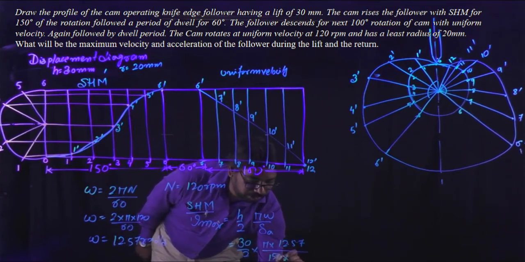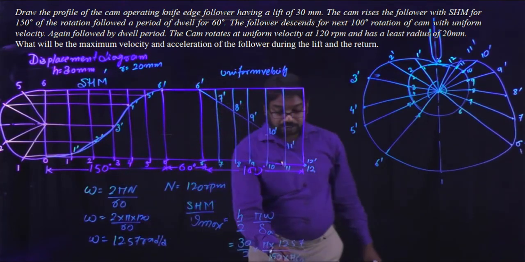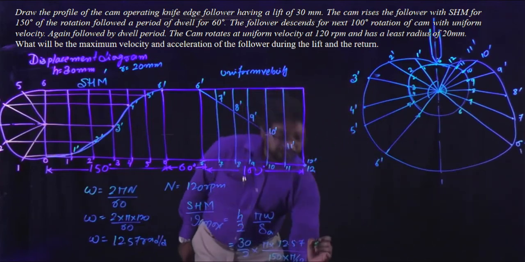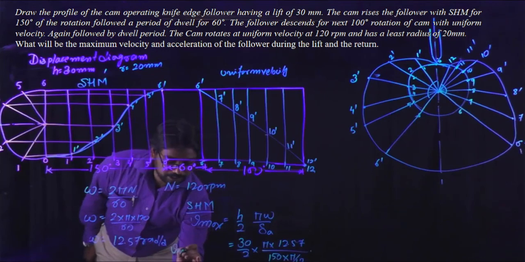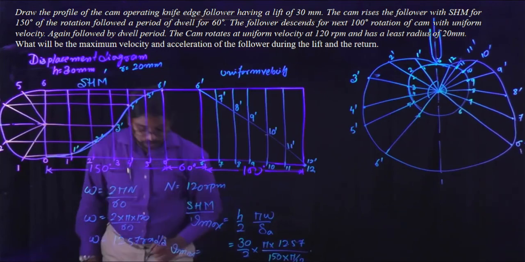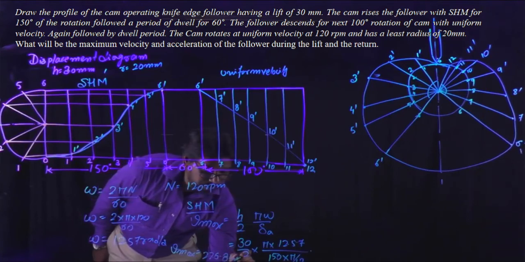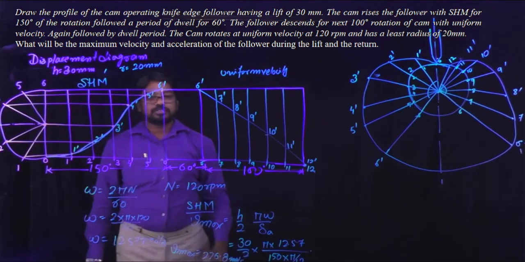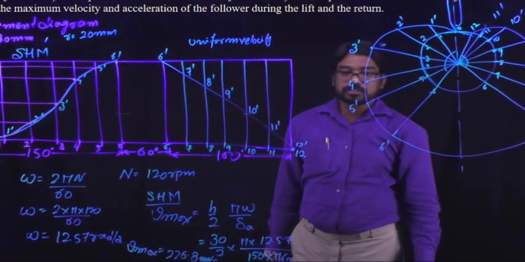So 150 multiplied by pi by 180. Once you simplify, we get V max equal to 226.8 mm per second.